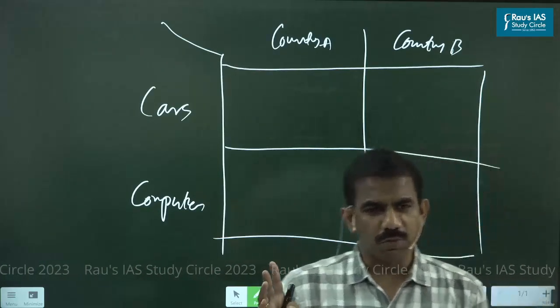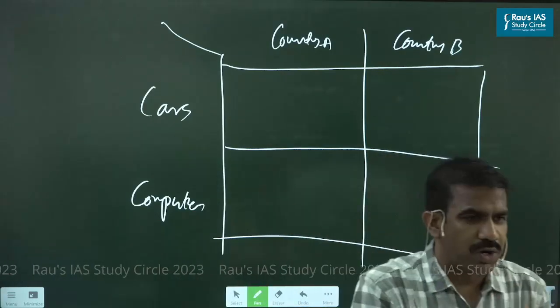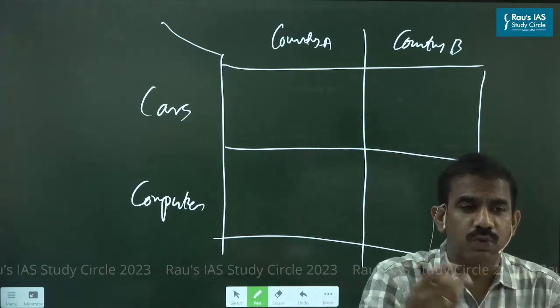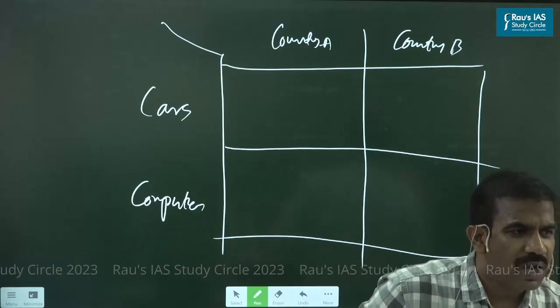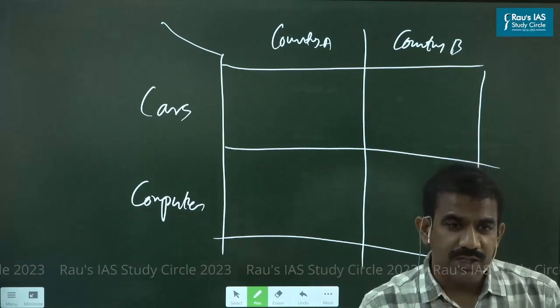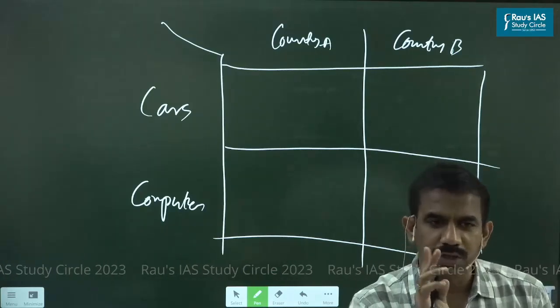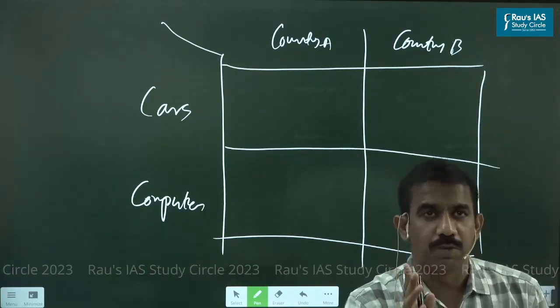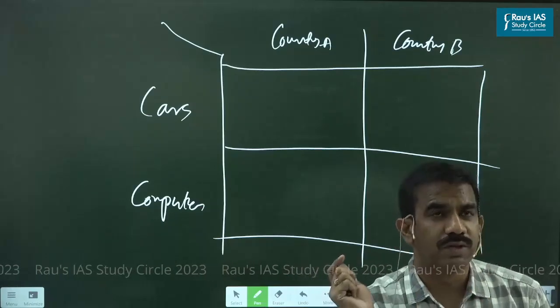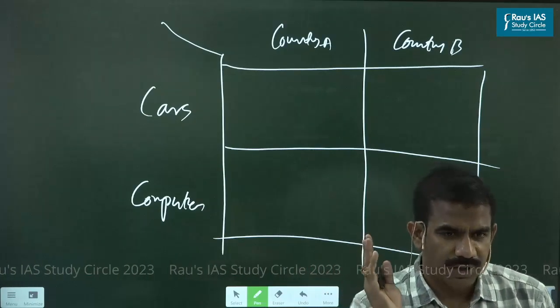That's it. Both nations produce them, but not in similar quantities. Why is it so? Because both nations have a different set of resources. Hence, both nations produce a similar type of output, cars and computers, but they're only good at producing either cars or computers, not in the same quantity. Got it? Yes.